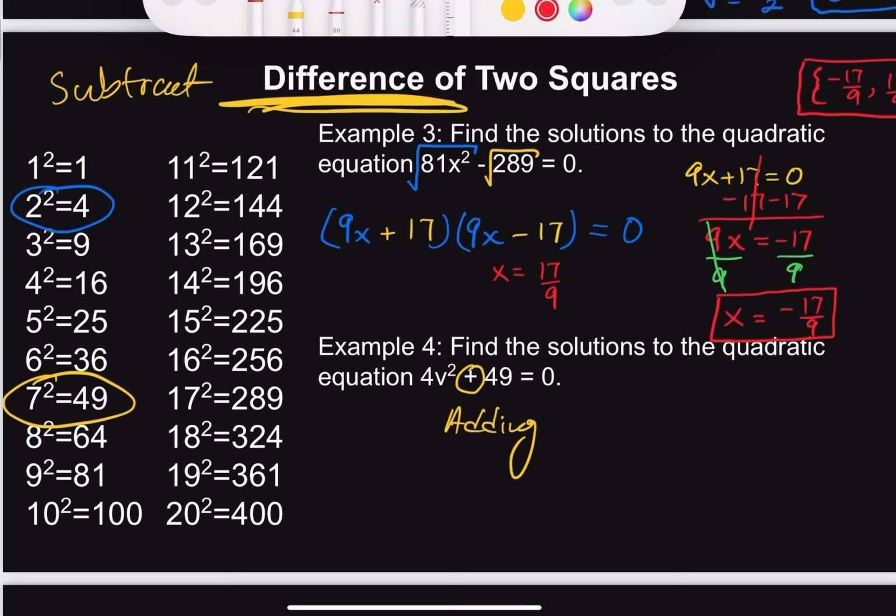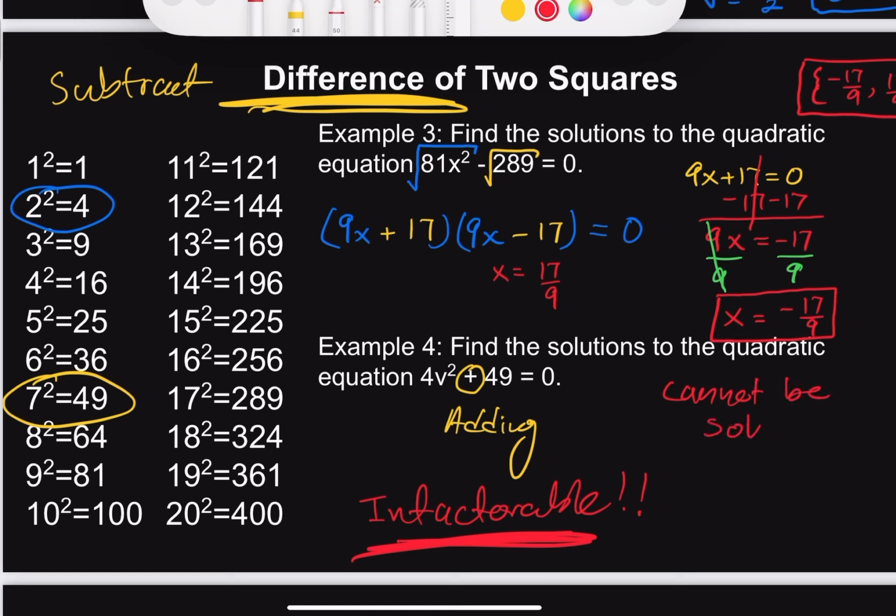In fact, whenever you add between perfect squares, it is unfactorable. There is no way you can factor this using real numbers. So this cannot be solved in the real world.